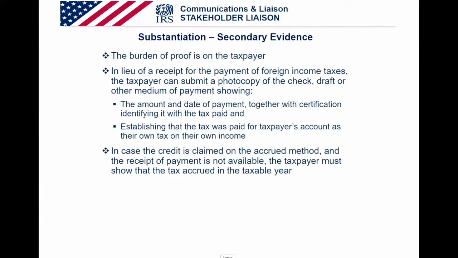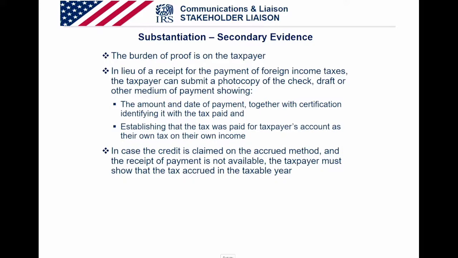So in lieu of a receipt for the payment of foreign income taxes, the taxpayer can submit a photocopy of the check, draft, or other form of payment showing the amount and date of payment, together with certification identifying it with the tax paid and confirming the tax was paid from taxpayer's account.